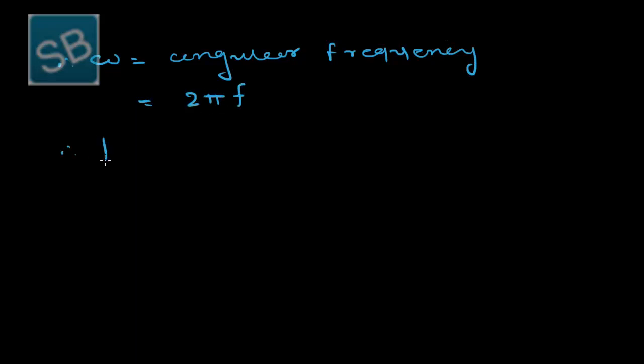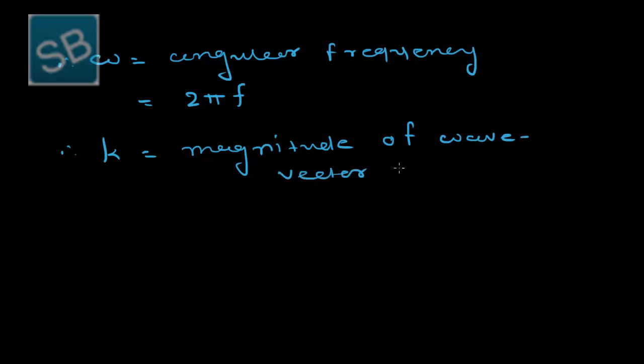Omega is the angular frequency, written as 2 pi f, and the small k is the magnitude of wave vector K, that is equal to 2 pi over lambda.